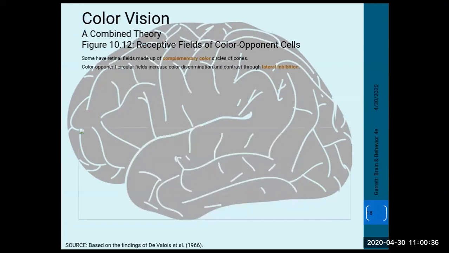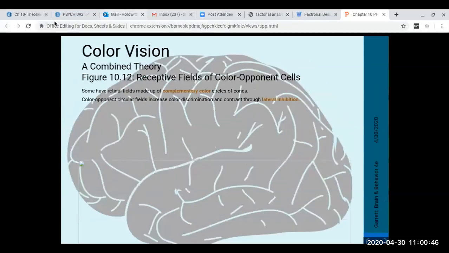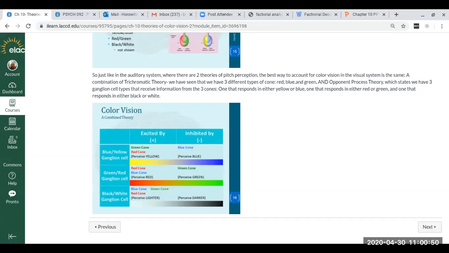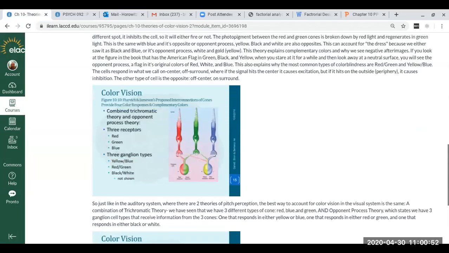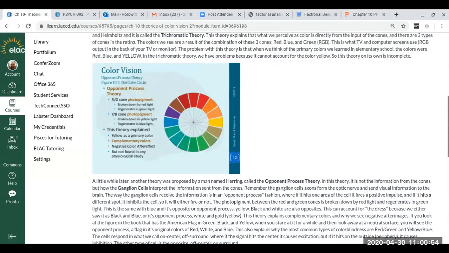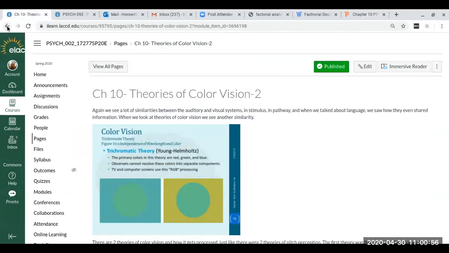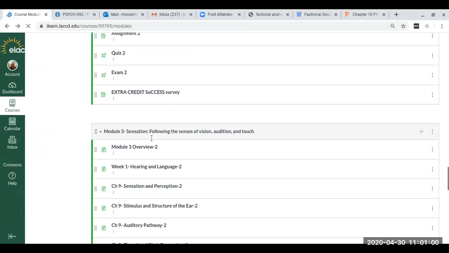So, again, we don't have a picture here, but I can go back to where we were, looking at the combined theory. Let's go ahead and do that now. My apologies again. I guess we have to go to the next thing. So let's see if I can find it. Technical difficulties.